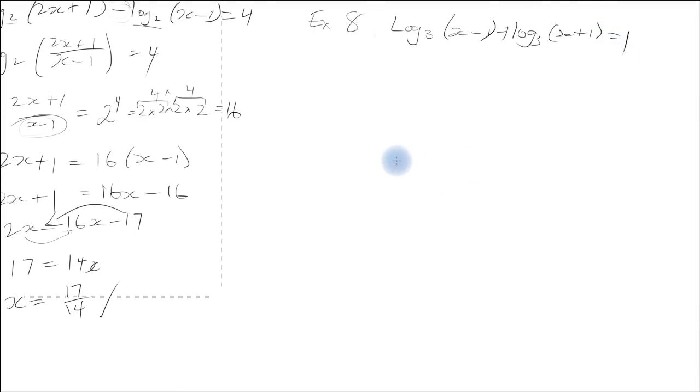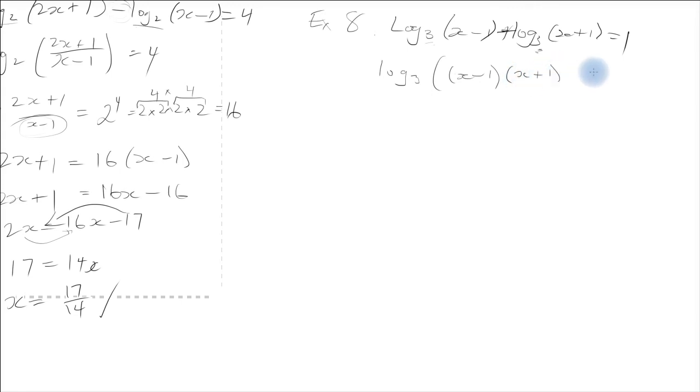For this one, we notice that we're adding two logarithms where the base is 3. So this is our rule number 1, where we multiply these bits. This will give us log to the base 3 of x minus 1 multiplied by x plus 1.